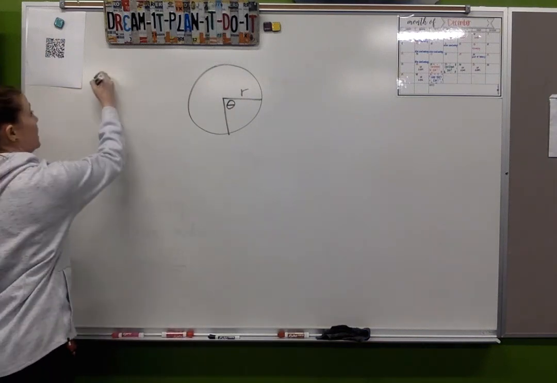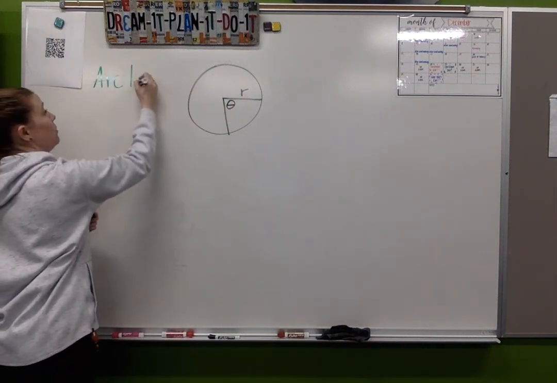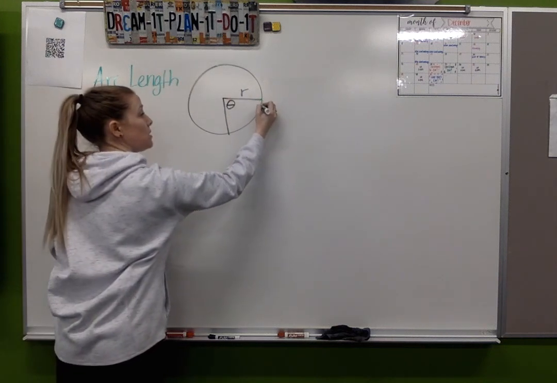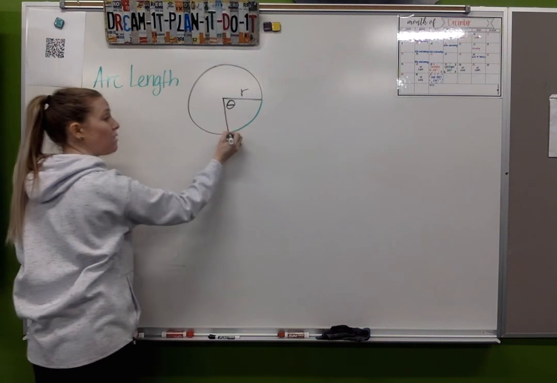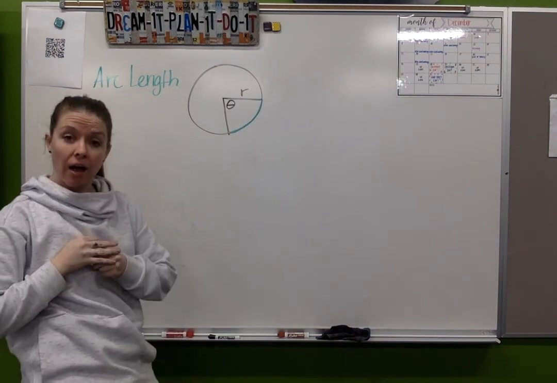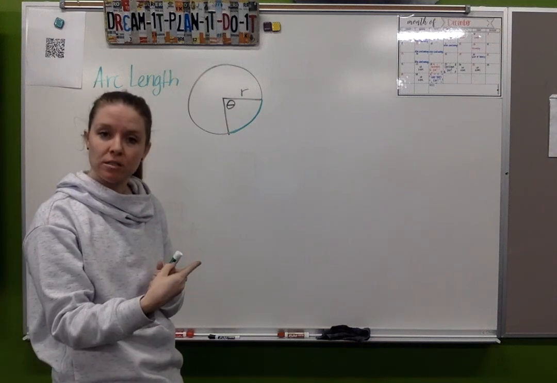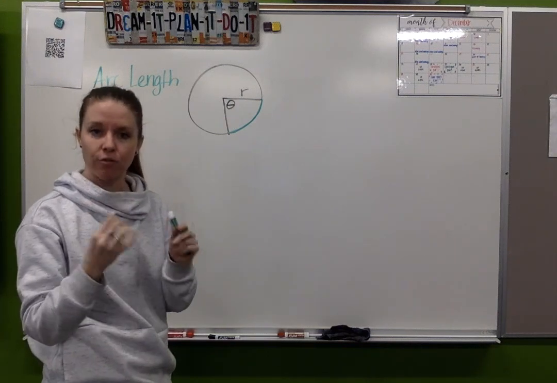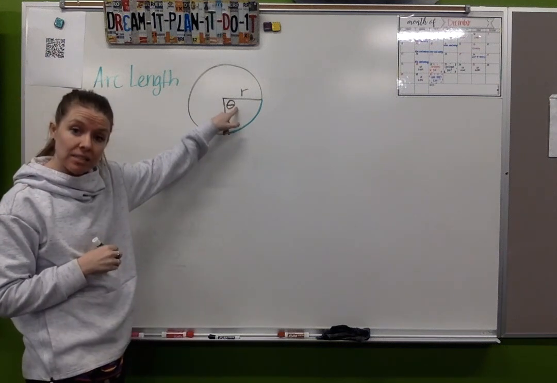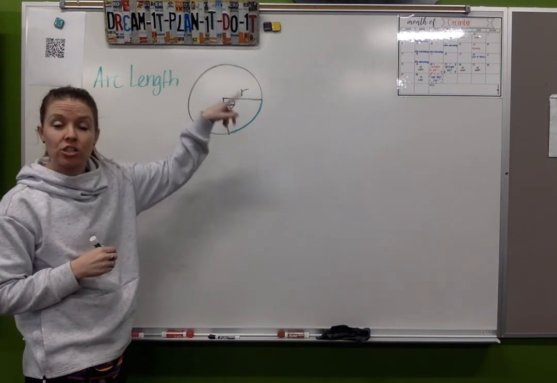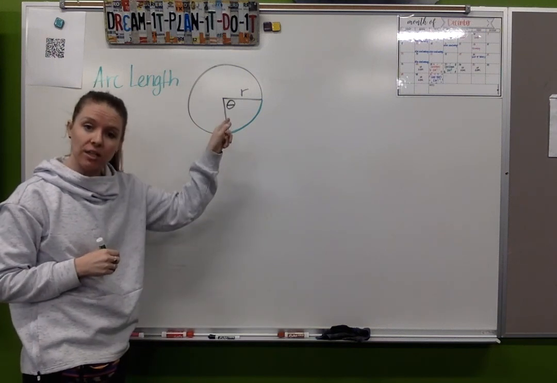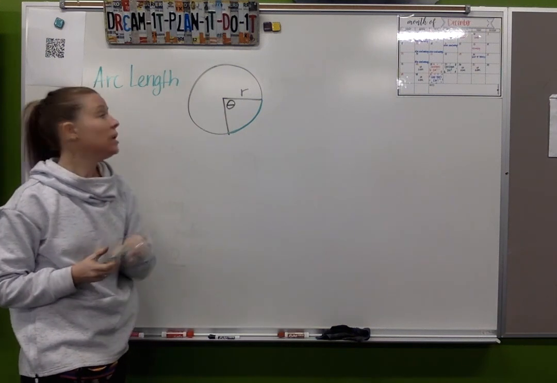So arc length is this piece along the outside of the circle. It is a part of the total circumference. It's a fraction of the total circumference. So whatever our angle is, that's the fraction of the circle. So we use that angle to find that fraction of the circumference.